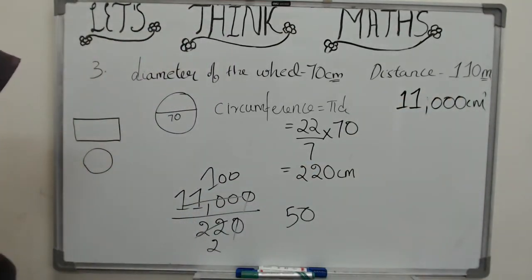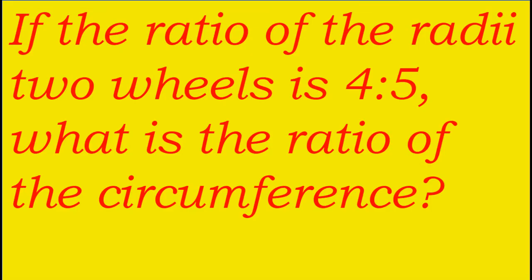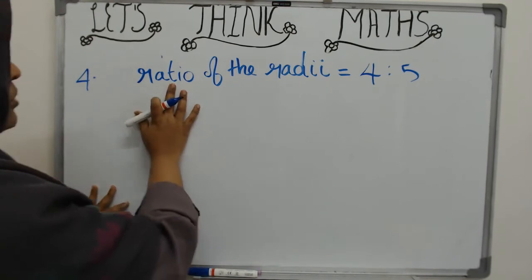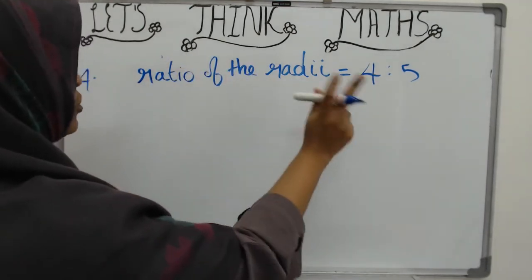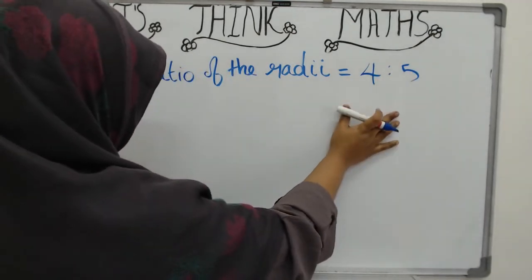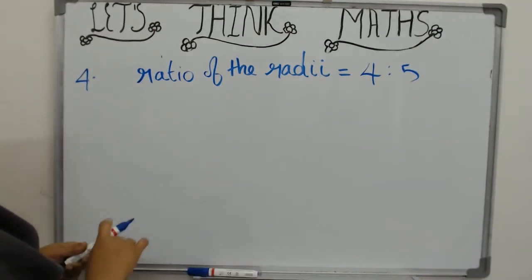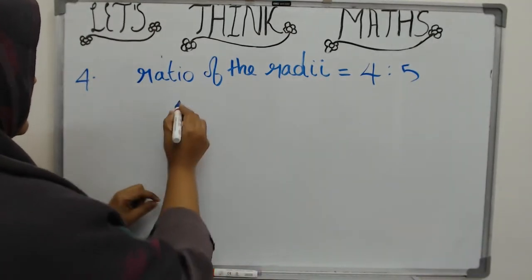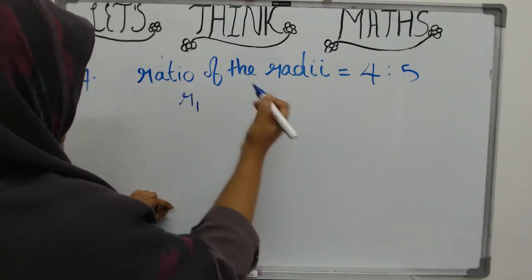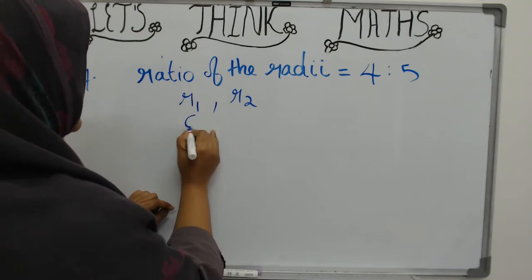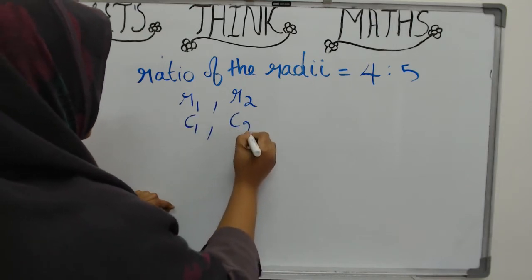Now we go to the next question. The ratio of the radii of two wheels is 4:5. Then what is the ratio of their circumference? So you have two wheels here. Take their radii as R1 and R2, and their circumferences as C1 and C2.